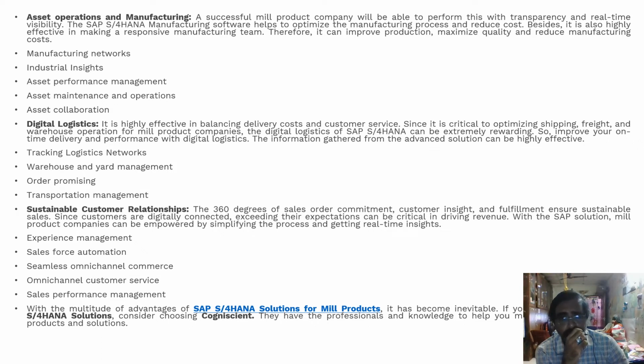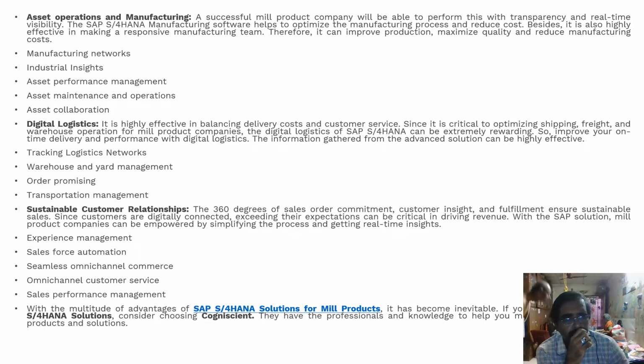With SAP solutions, mill products companies are empowered by simplifying the process and optimizing the results, and thereby getting real-time insights of the business.